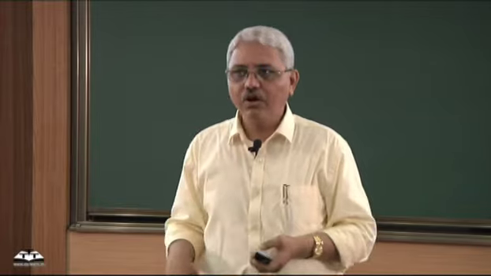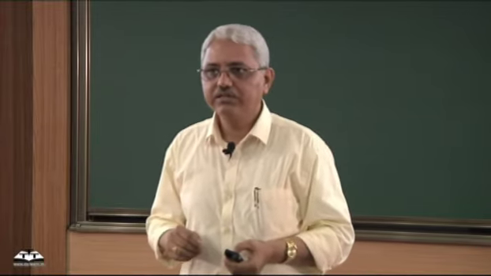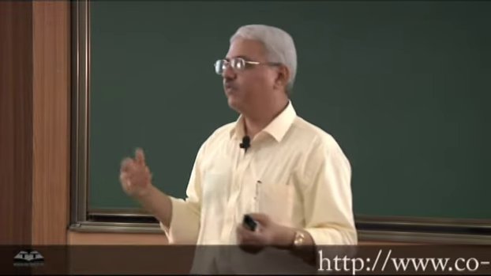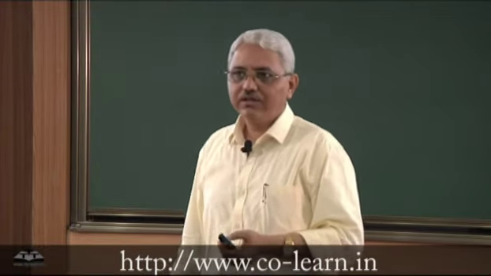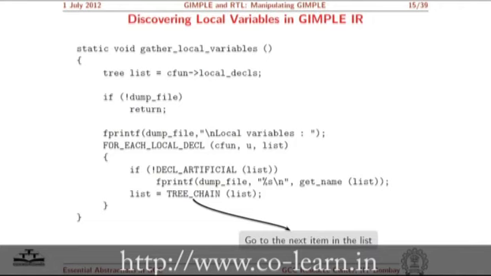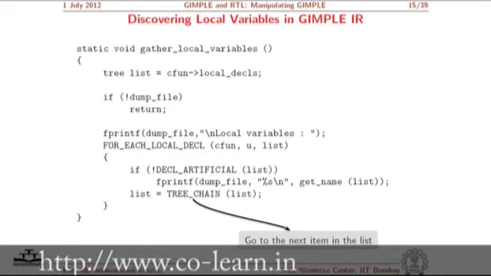If it is not an artificial variable, then I am interested in it, and I simply print it. I say get name of the list, it is a pointer to the tree node that holds the variable, and it will find the name of the variable, and then I advance the list. That is how I can discover local variables of a function.